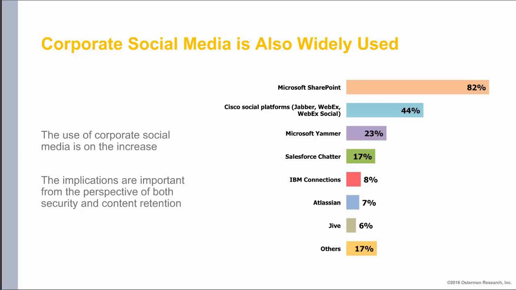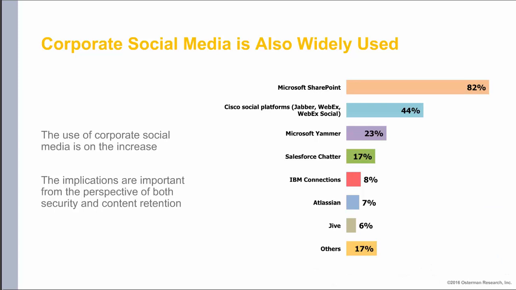Now, again, it's not used primarily as a social media property, but it is used to some extent in the social media realm. But then there are also a variety of Cisco social platforms like WebEx, WebEx Social. Microsoft is pushing hard on Yammer, and it's gaining traction in a lot of organizations. There's Salesforce Chatter, IBM Connections, Atlassian, Jive, lots and lots of other enterprise social media tools.